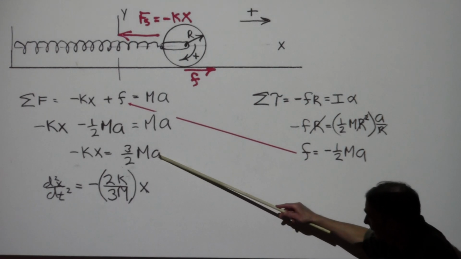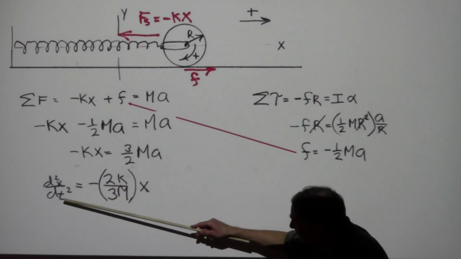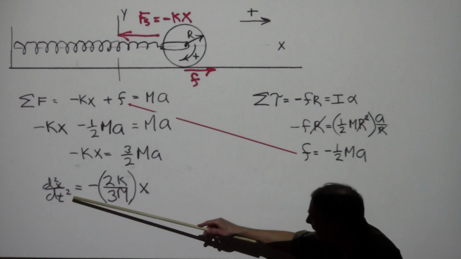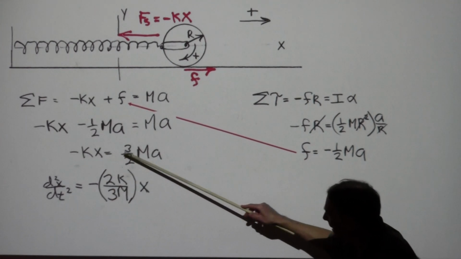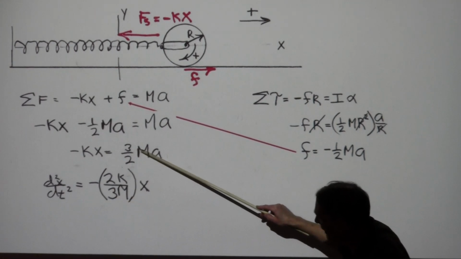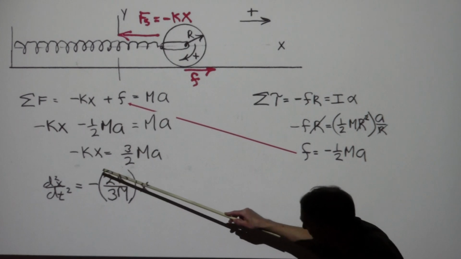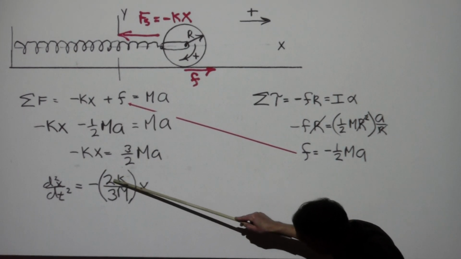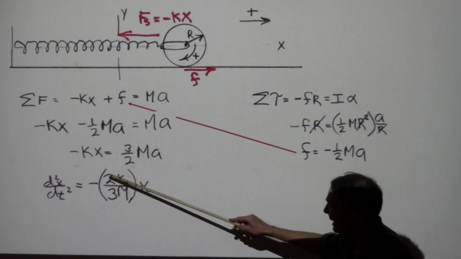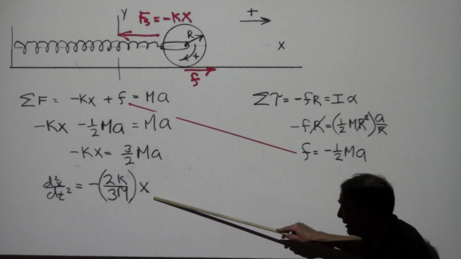A we again want to cast as the second derivative, and then I've got minus kx. I'll bring the m and the 3/2 over here as a 2/3. And right now I've got the standard classical form for the differential equation.